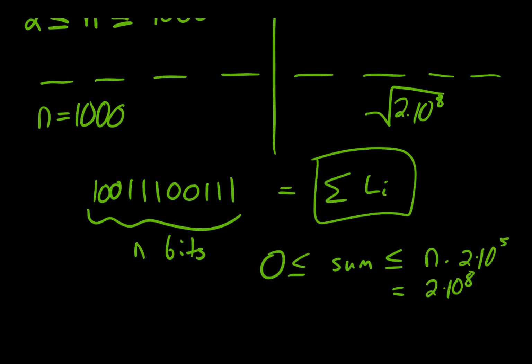So we're going to pick a random bit string, and we're going to keep doing this until two bit strings have the same sum. The number of bit strings we'll have to generate is the square root of 2 times 10 to the 8. What is that about? It's like 1.4 times 10 to the 4, but let's just say 10 to the 4.